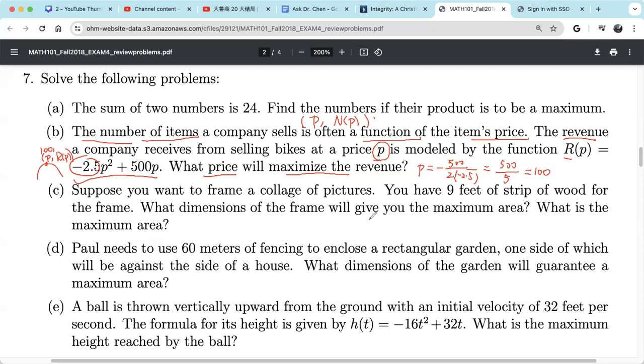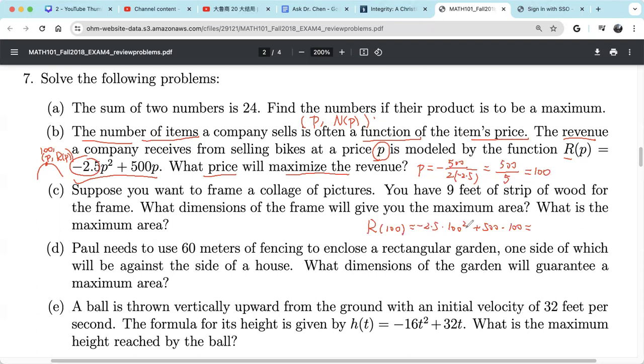Now we need to find R of 100, which is negative 2.5 times 100 squared plus 500 times 100. Now just calculate. 100 squared is 10,000. 10,000 times negative 2.5.